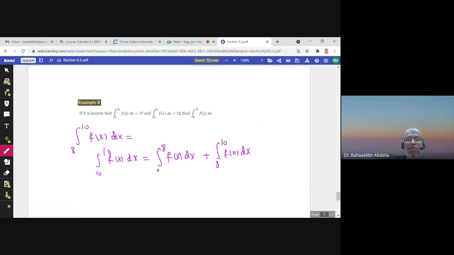We have this, which is 17, we have this, which is 12, and this is unknown. So this integral would be equal to 17 minus 12, which is 5.